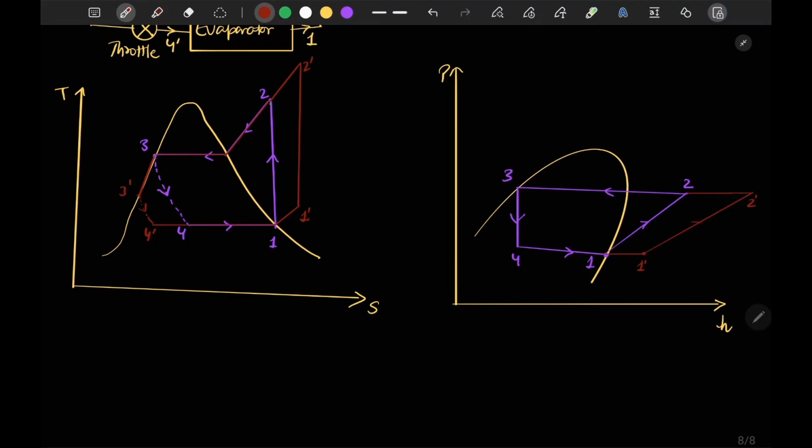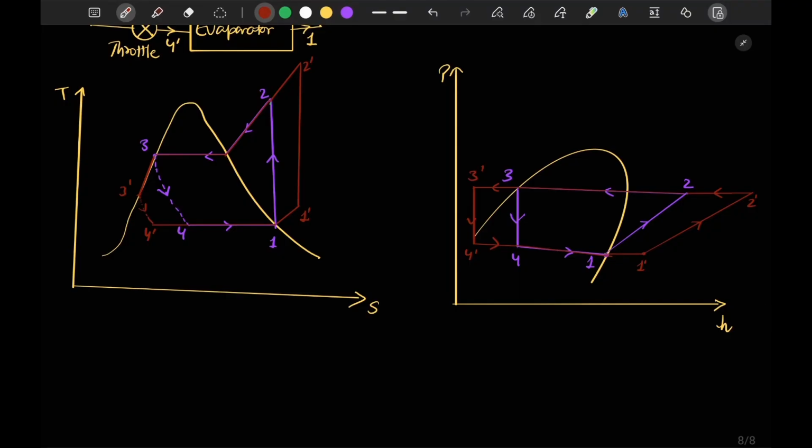So 1 dash to 2 dash, then it will reach until point 3, and now here this liquid will be subcooled to 3 dash. From 3 dash it will be throttled to point 4 dash, and from 4 dash it will be sent to your evaporator, where it will move from point 4 to point 1. And from 1 to 1 dash is again outside the evaporator.